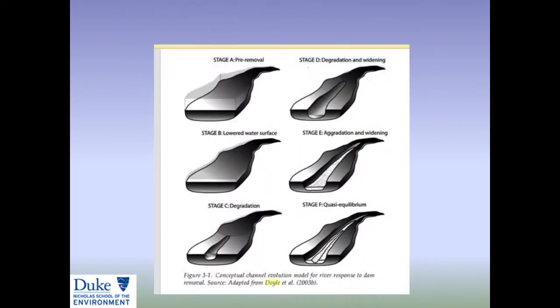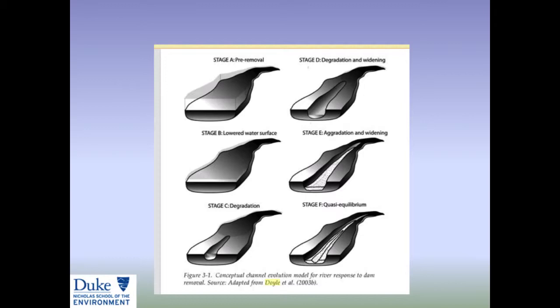This is a model proposed by Martin Doyle, who was at UNC and is now at Duke. We have several stages. We have a pre-removal stage where we have flooded alluvial sediments upstream of the dam, then a stage where we lower the water surface, and finally the beginning of degradation when we remove a dam and remove water from the upstream sediments, and we start with the development of head cuts that move up through the legacy sediments, or the sediments upstream of the dam.